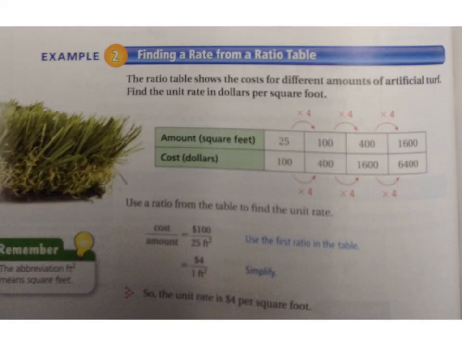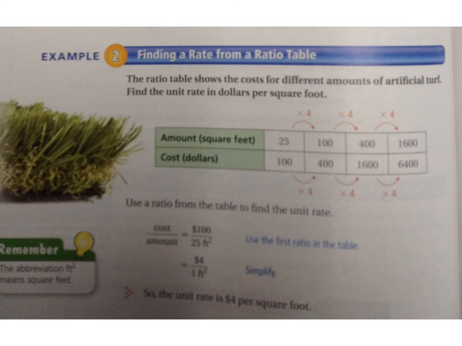Now we're going to move on to example 2, finding a rate from a ratio table. The ratio table shows the costs for different amounts of artificial turf. Find the unit rate in dollars per square foot. The first thing we should notice is that this table is a little bit upside down.